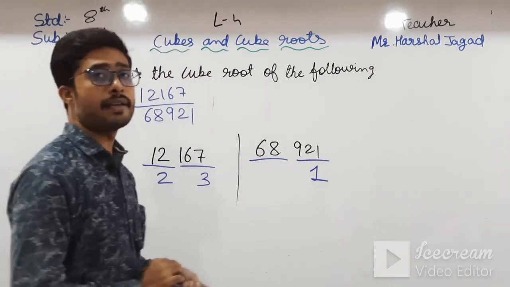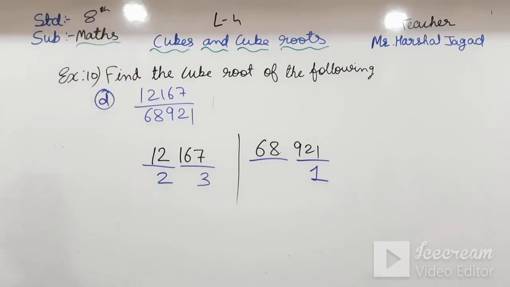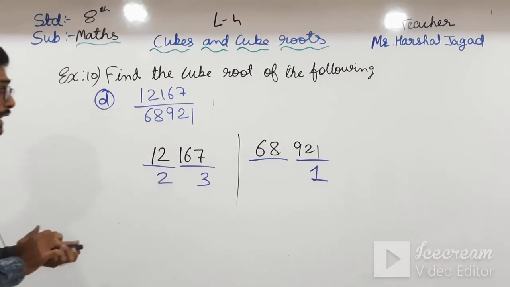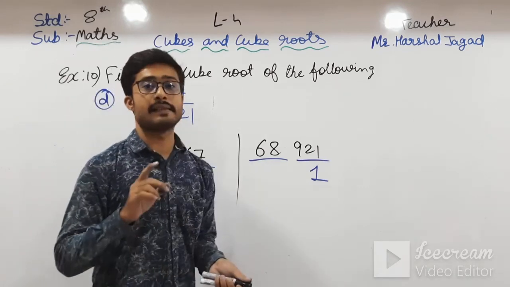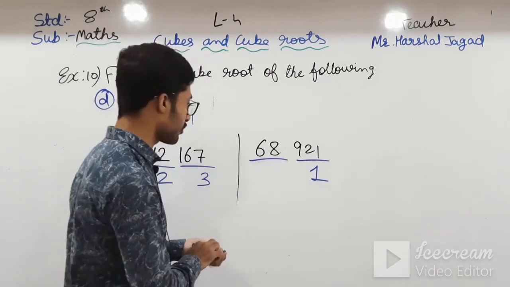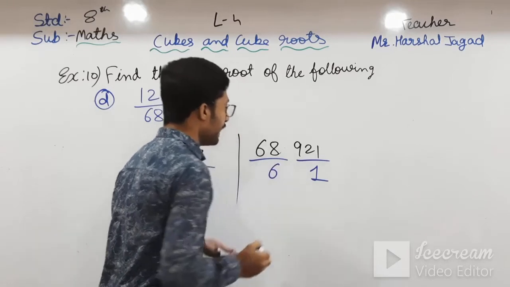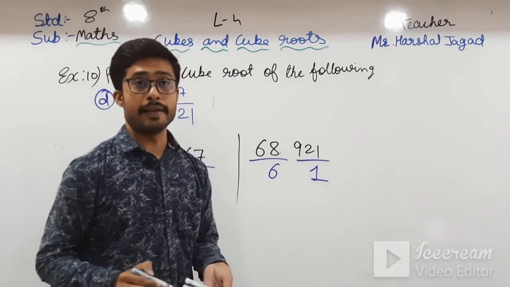First of all, write it on your own, students. If we take the cube of 4, then it is 64. Okay, students, and it is less than 68.